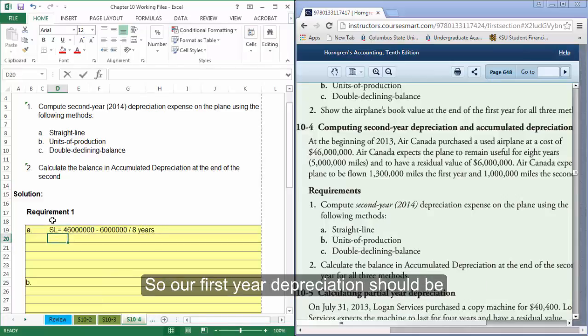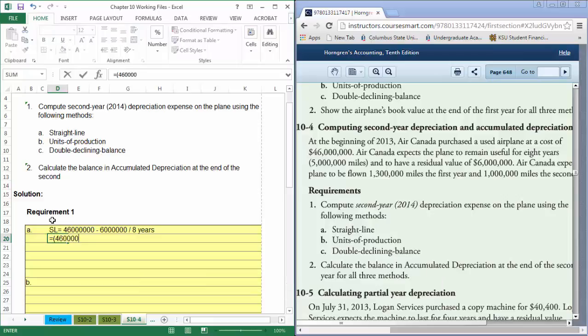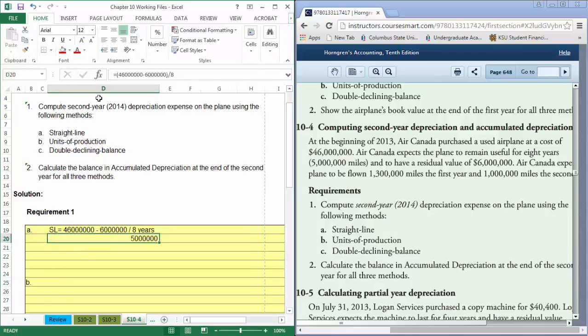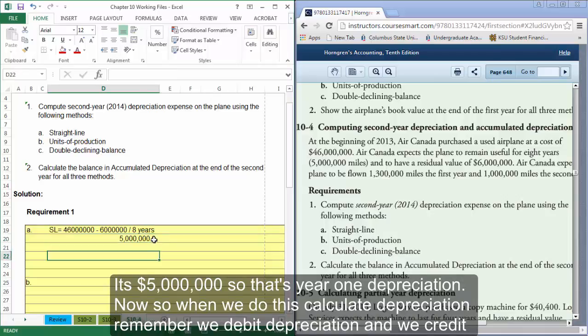So our first year depreciation should be, let's look at that. So it's $5 million. So that's year 1 depreciation.